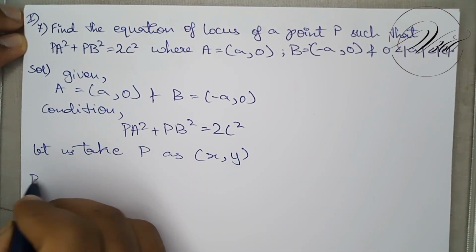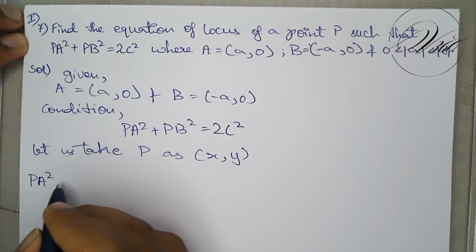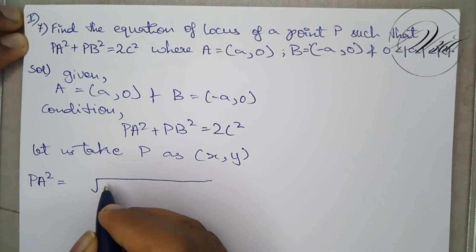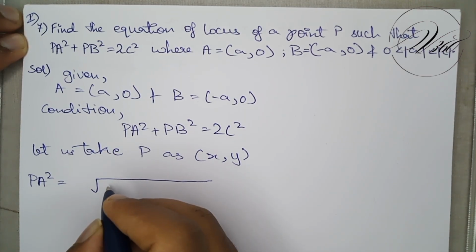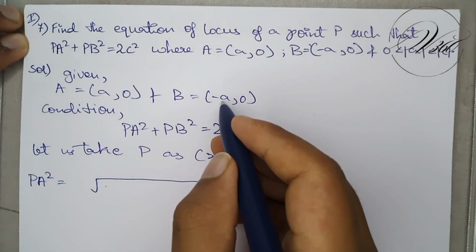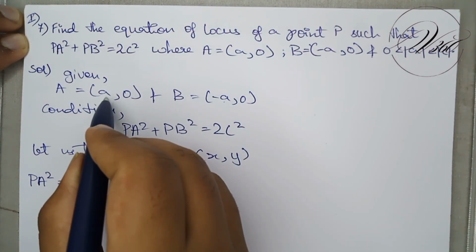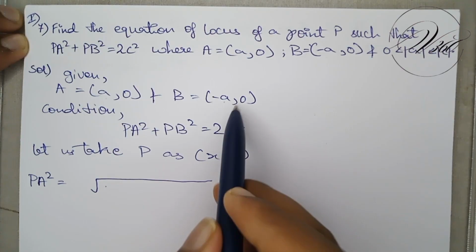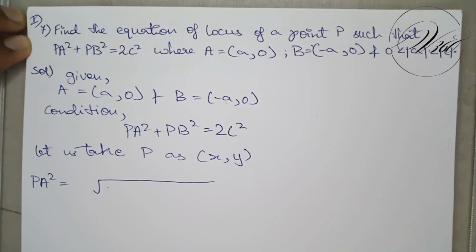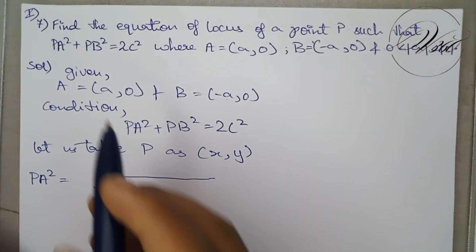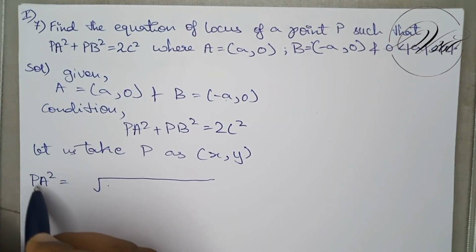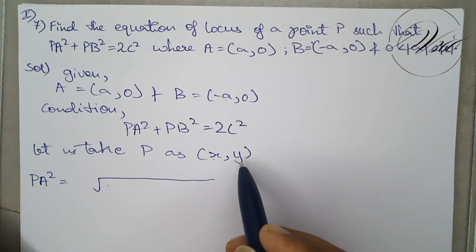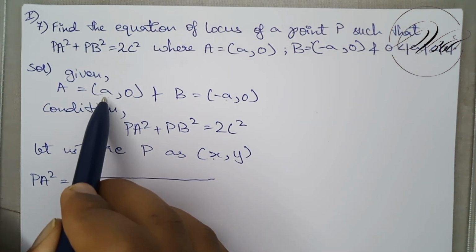Now first we'll take PA square, which is equal to the square root by the distance formula, x2 minus a, whole square, plus 0 minus 0 whole square, right? Here there is a little bit of confusion. PA square, right? P is (x, y). This is x1, this is y1, this is x2, this is y2.